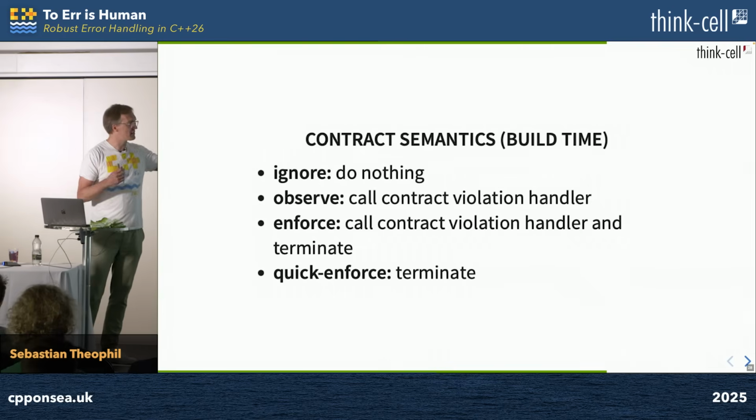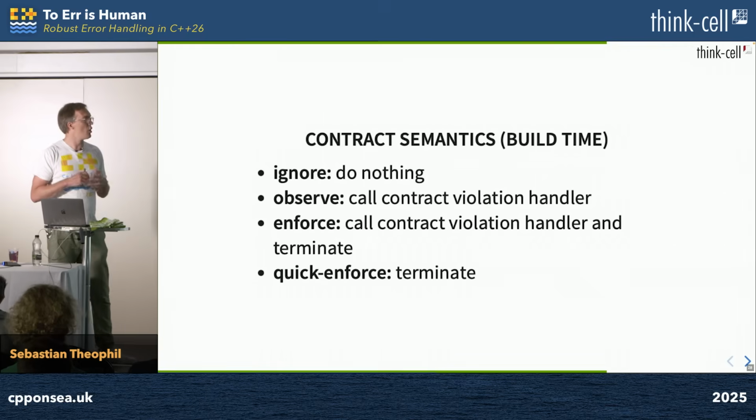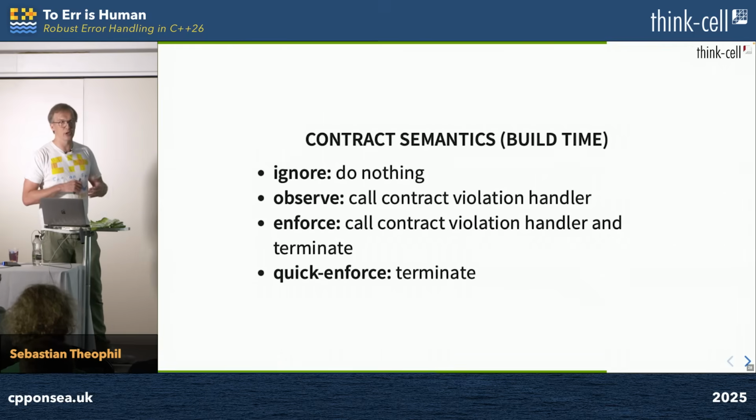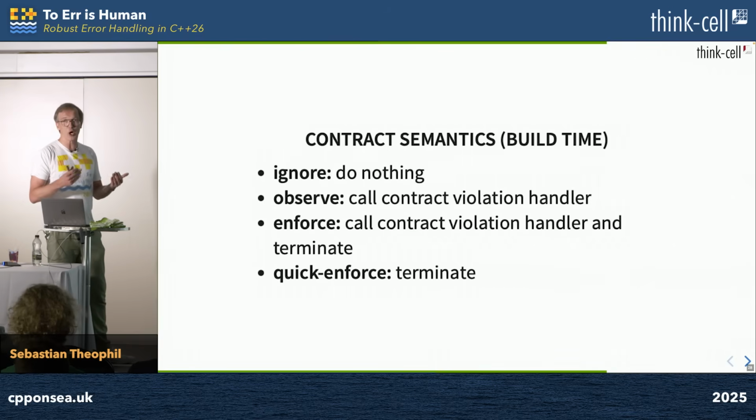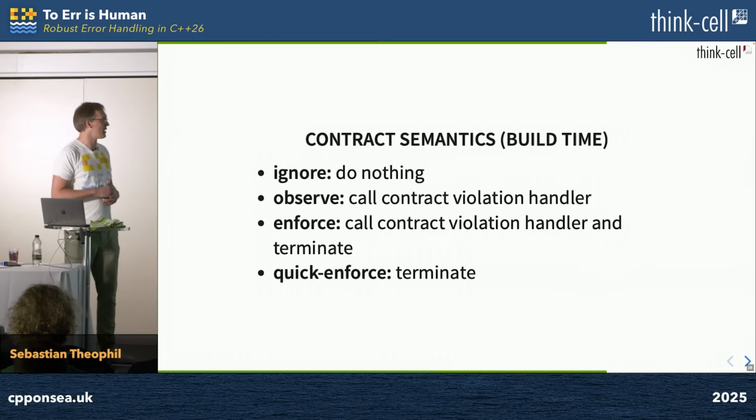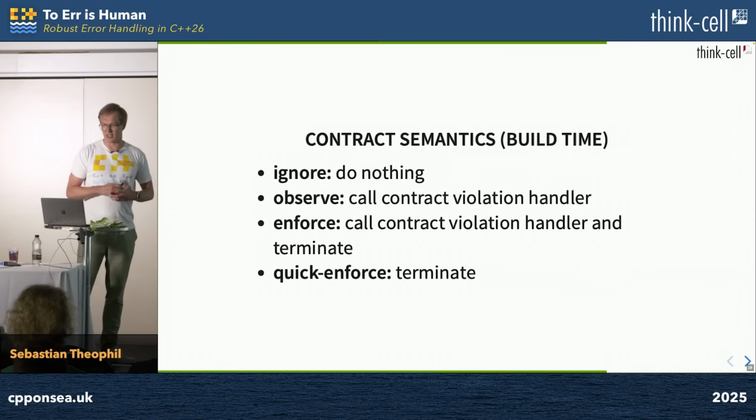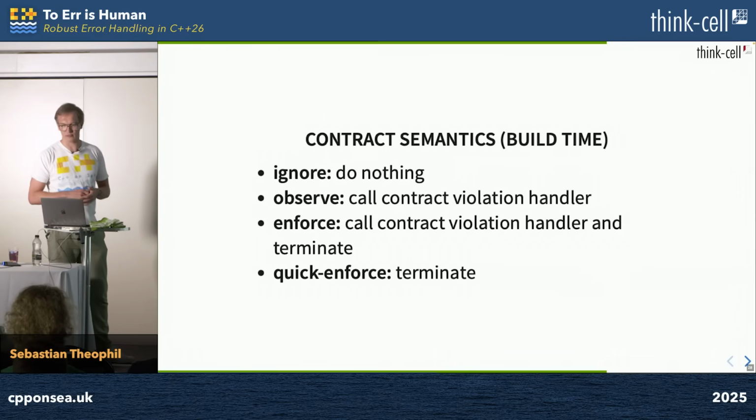Observe is what games and desktop applications like we would do. So you want to report the error, you want to know about it, but you keep on trucking for as long as you can so you don't annoy the user unnecessarily, especially with asserts, with contract assertions. They are code, they can just be wrong. So you might have made a mistake writing the assertion, your program is perfectly fine. So in this case, just hope for the best and keep on working.